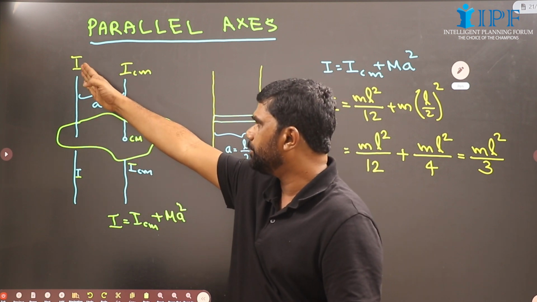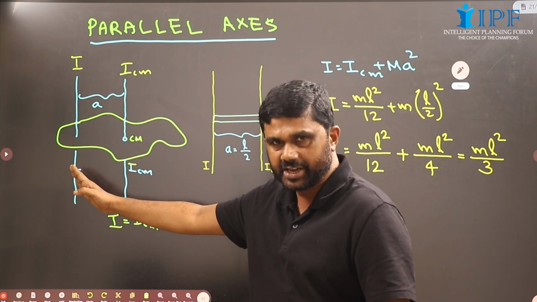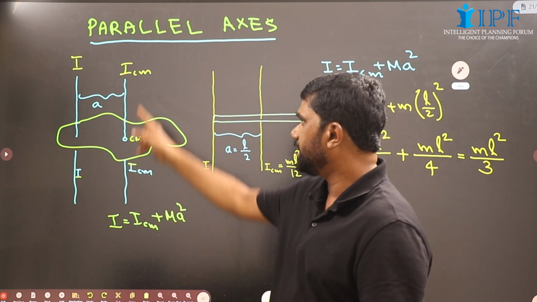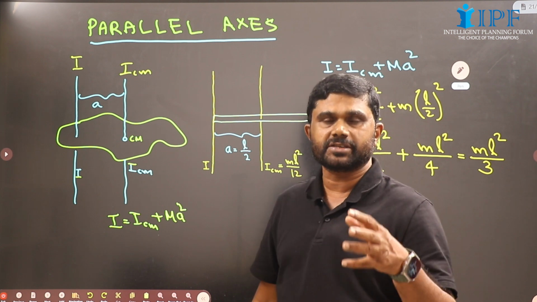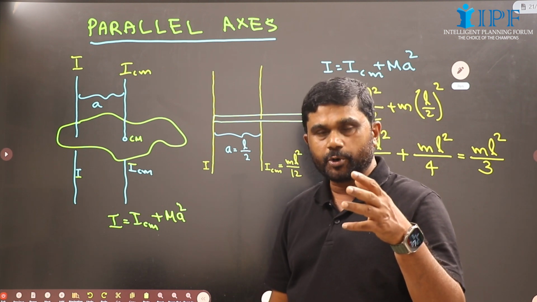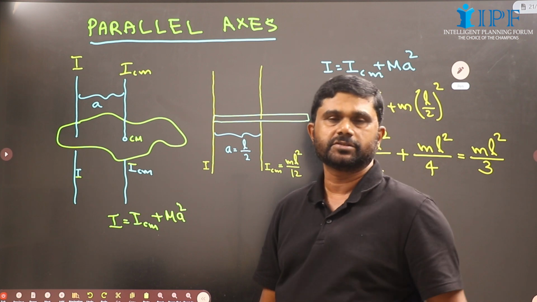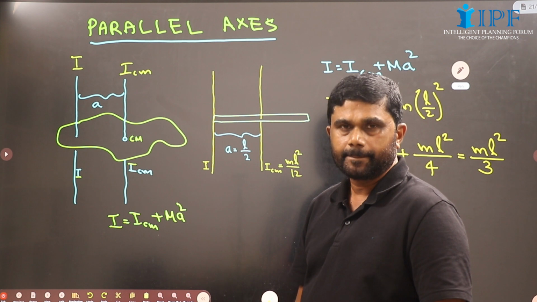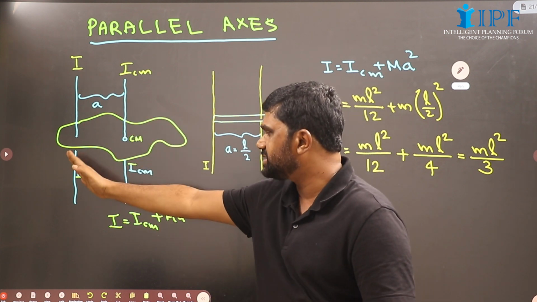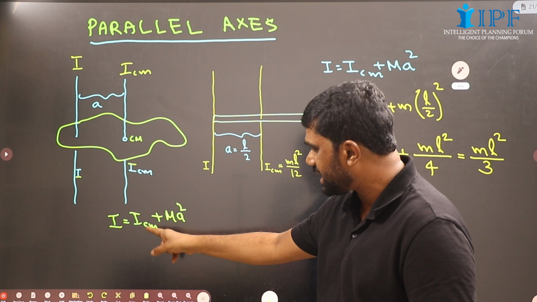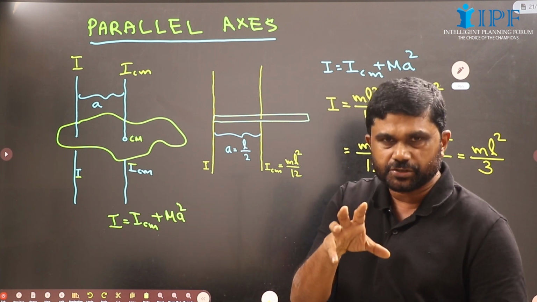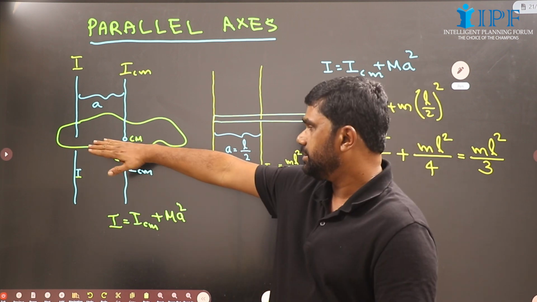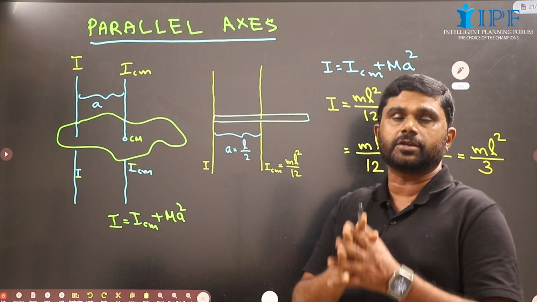The moment of inertia about an axis passing through the center of mass is represented by I with the suffix cm. Then the moment of inertia about the given axis is I equals ICM plus ma square, where m is the mass of the body and a is the distance between the two axes. Let me repeat, these two axes are parallel to each other.